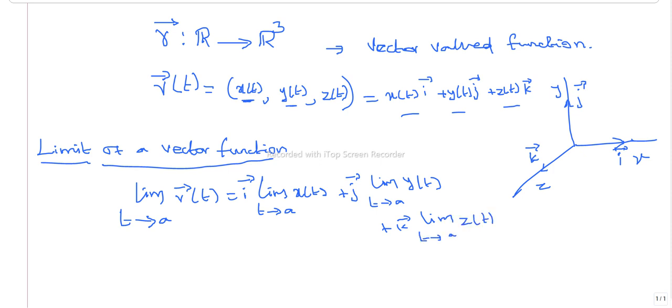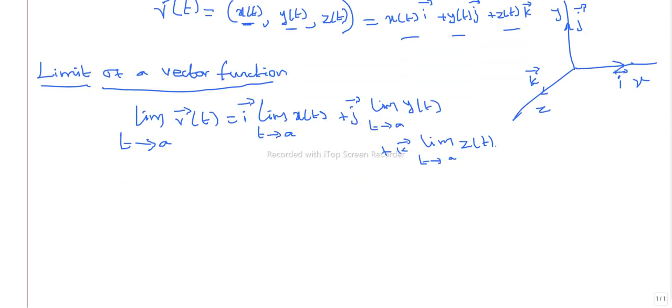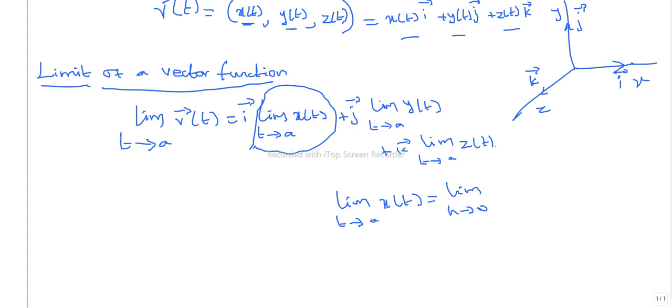This is the limit of a vector function at the point a. We take it term by term, and each part is just a real valued function, for which we know how to find the limit. The limit as t goes to a of x of t is the limit as h goes to 0 of x of a plus h minus x of a, divided by h, where we take t minus a equal to h.